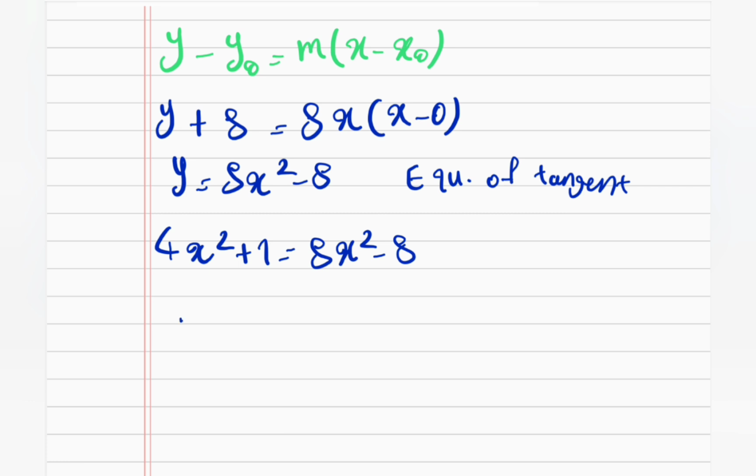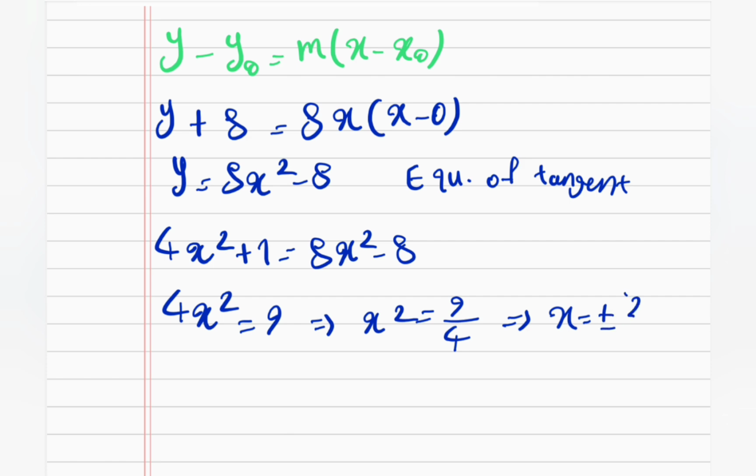So we are going to have 4x squared plus 1 equal to 8x squared minus 8, which gives 4x squared is equal to 9, and then x squared is 9 over 4, which means x is plus or minus 3 over 2. So these are the two x coordinates for the point of intersection.